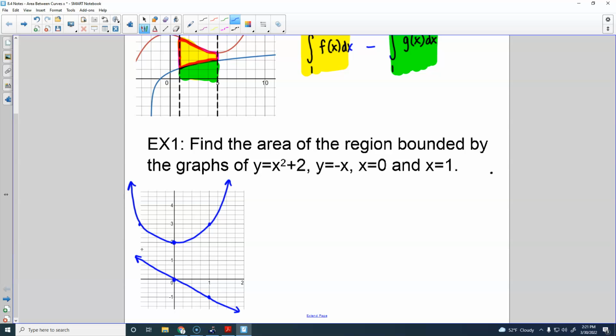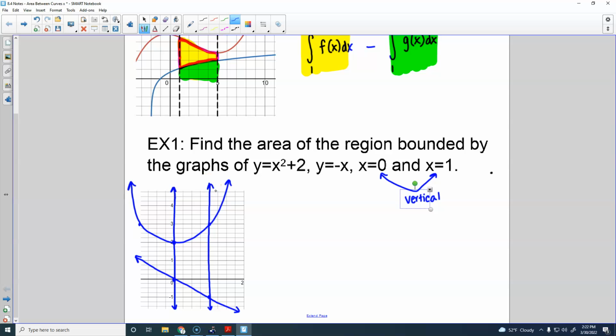One of the biggest things that messes students up here is vertical and horizontal lines. Are these two vertical or horizontal? Vertical. So x equals is vertical. So the x coordinates are all 0 right here, and then the x coordinates are all 1 right here. So those are vertical lines.